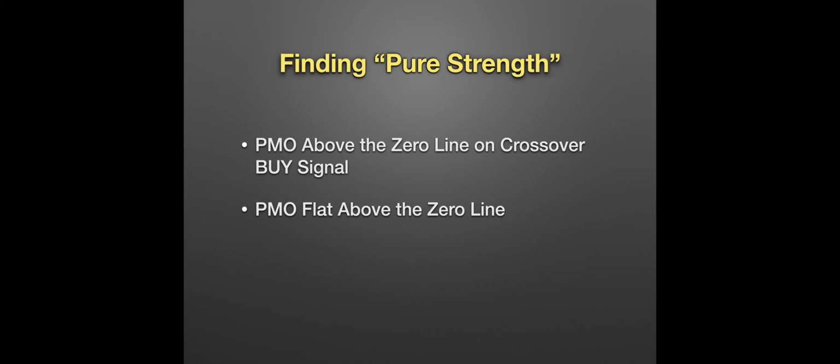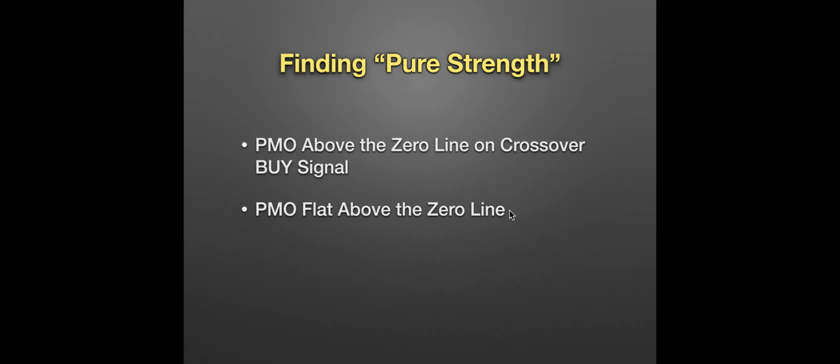It's the same momentum because you've got the same rising trend, it's moving up steadily, and the PMO will then flatten out because the trend has become steady. So what you do want to see is that PMO get flat above the zero line because that means it's been in a steady rising uptrend and it should see some follow through.